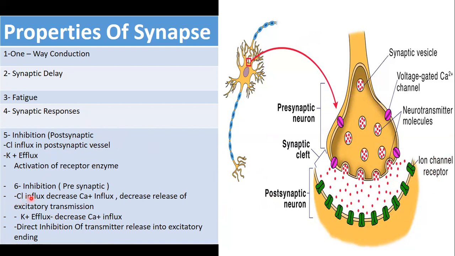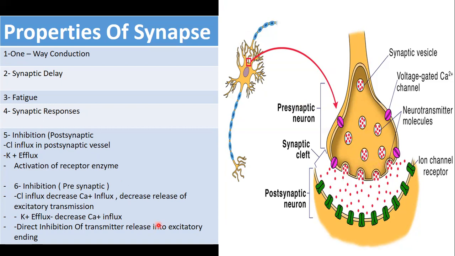Coming to another part, that is inhibition of the presynaptic. If there is inhibition, then calcium influx decreases automatically. If calcium influx in the presynaptic terminal decreases, then there is also a decrease in the excitatory transmitter.